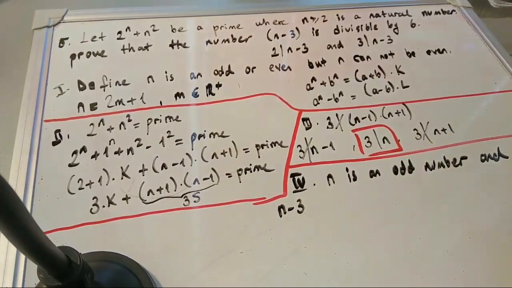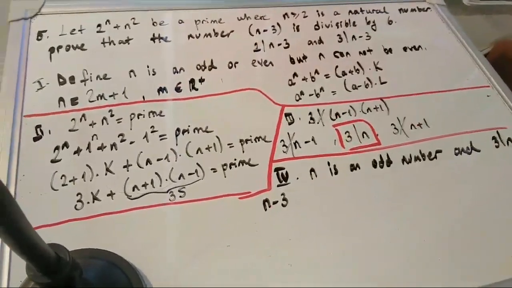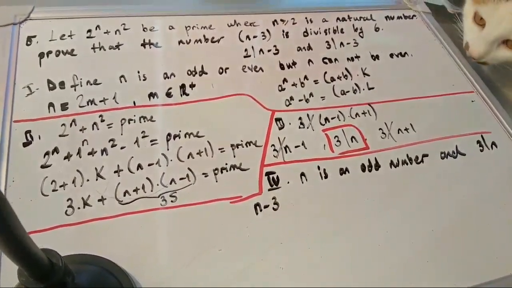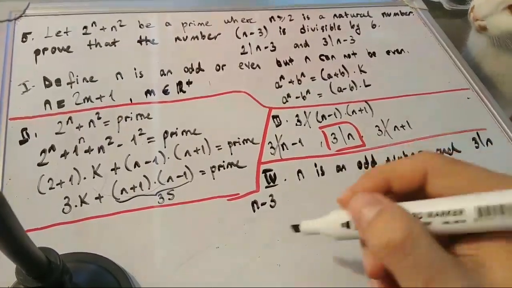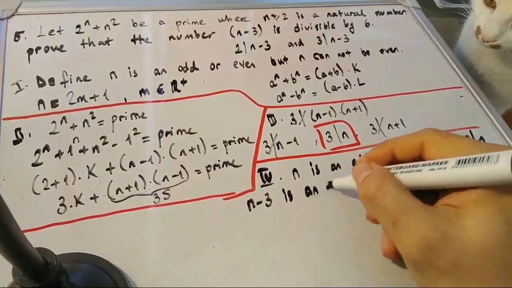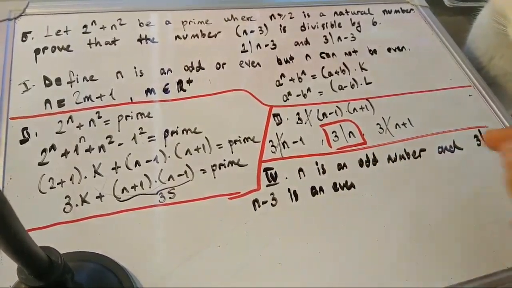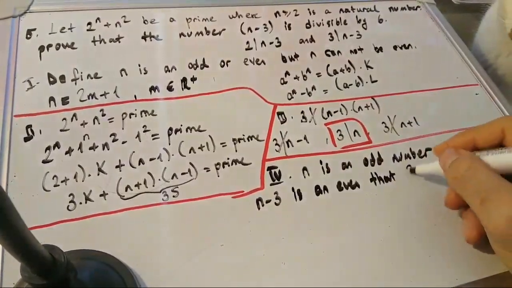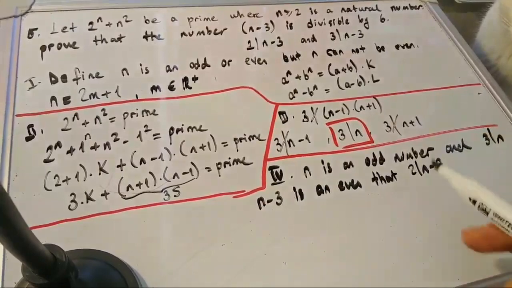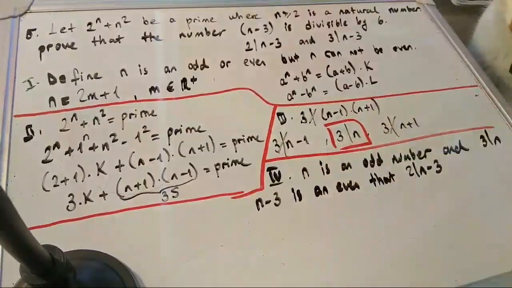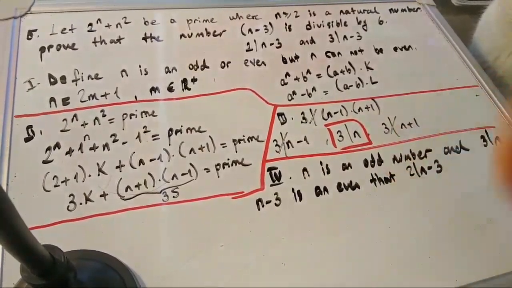Tell me. Yes, if n is an odd number, n minus 3 is even. That means n minus 3 is divisible by 2. Yes, if n minus 3 is even, so automatically n minus 3 is divisible by 2.